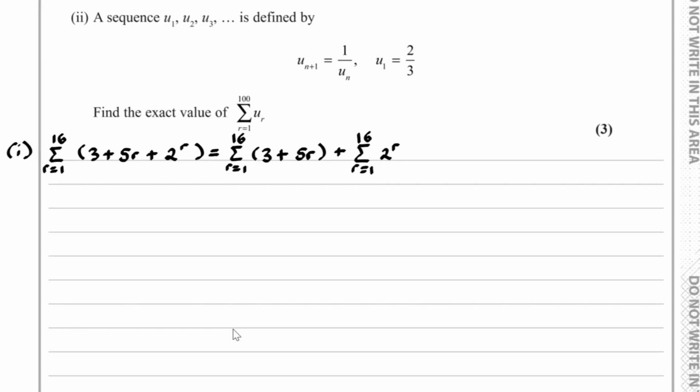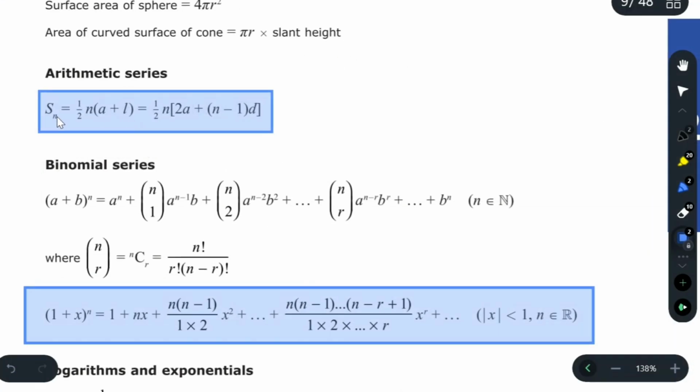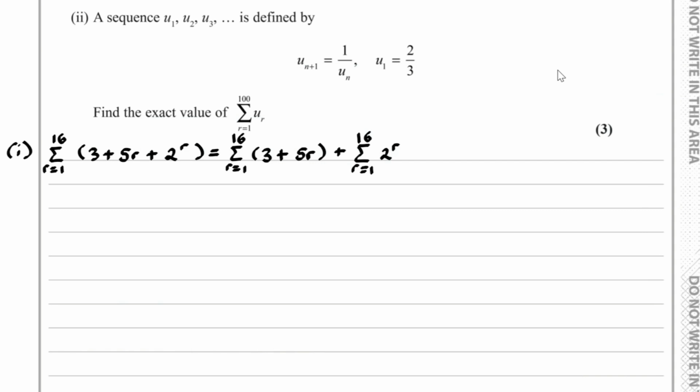Now, let's focus on each of these bits separately. What we can do to find out the sum from r equals 1 to r equals 16 of 3 plus 5r is use the result here. For an arithmetic series, the sum of the series is given by 1/2 n times by a plus l. We've got 1/2 times by the number of terms times by the sum of the first term and the last term.